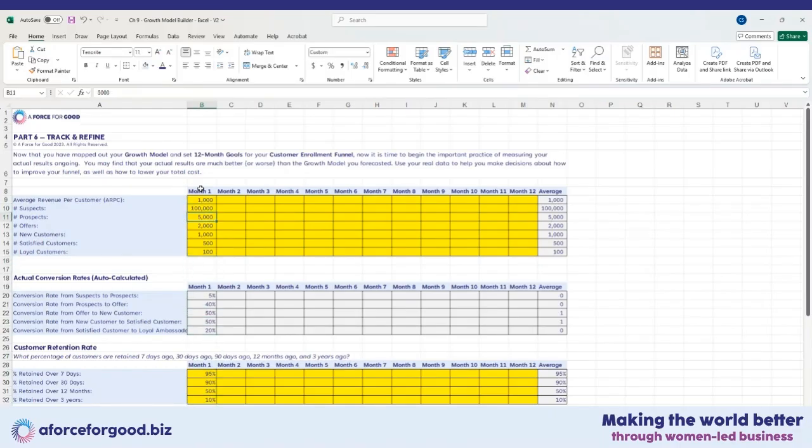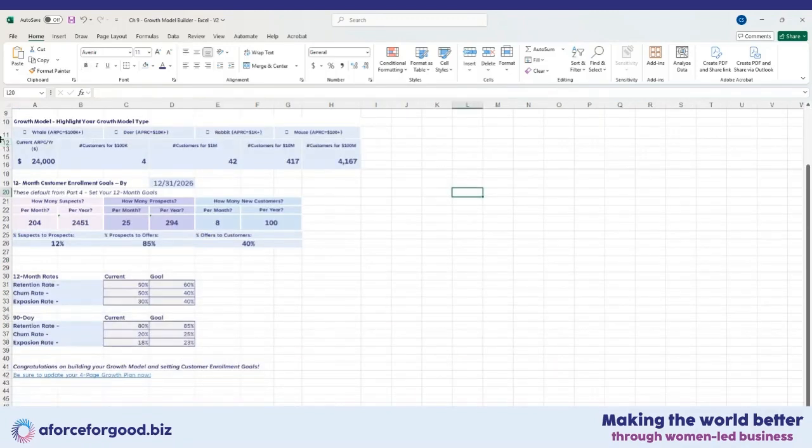Suspects, prospects, offers, new customers. Maybe you don't know how many are satisfied. Maybe you don't know how many are loyal. That's okay. So maybe you start out with average revenue per customer, prospects, offers, your new customers. And then it's going to calculate for you your conversion rates, right? And now you're able to compare it to your goals.